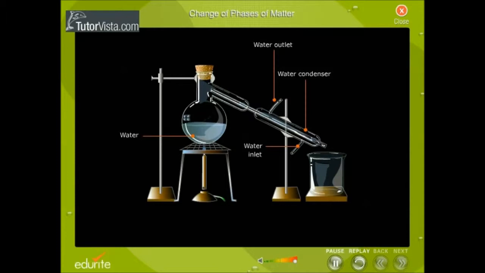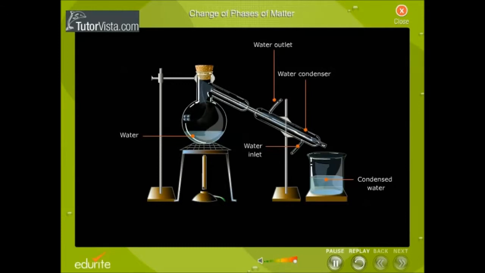What do you observe? Water gets converted to steam. Steam is the gaseous state of water. Continue heating till water is completely converted to steam. Now remove the source of heat energy. We see that the steam is being cooled and condensed to its liquid form and collected in the beaker as water.